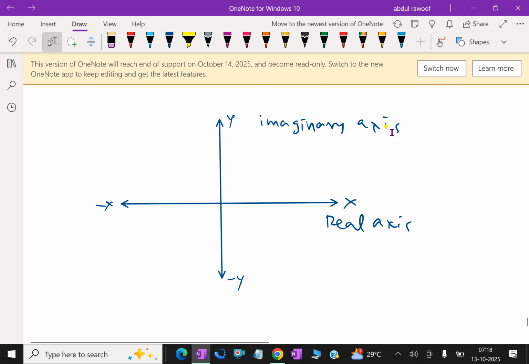Now, for example, the complex number z equal to 3 plus 4i. How do we represent it? Here 3 is on the real axis, so 1, 2, 3. And the imaginary part is 1, 2, 3, 4.